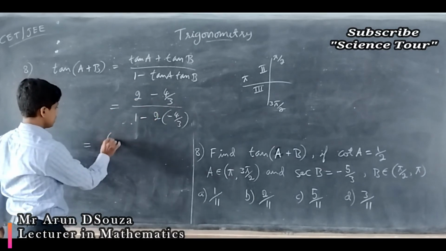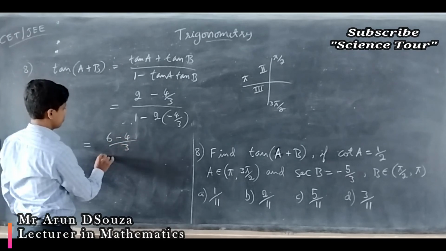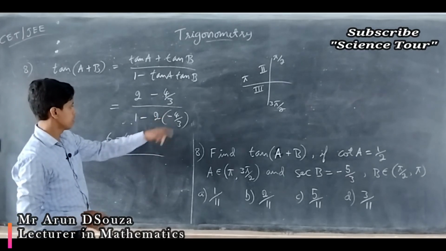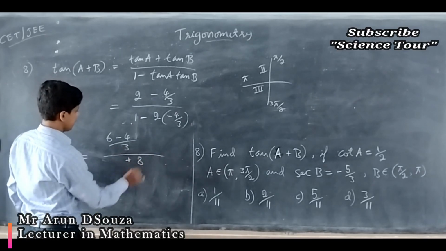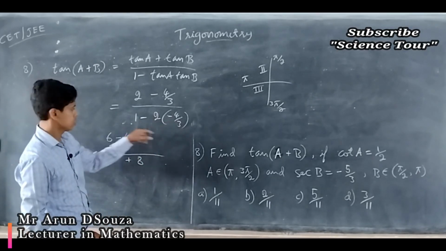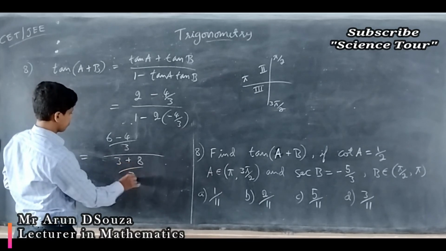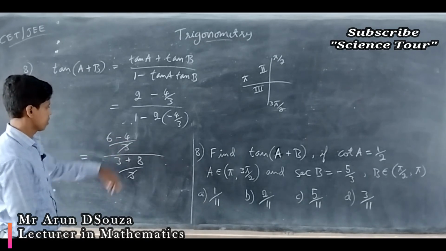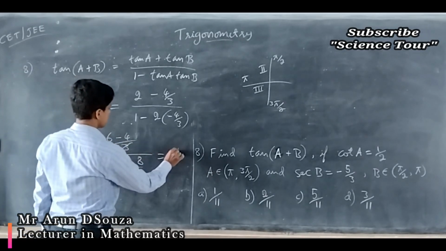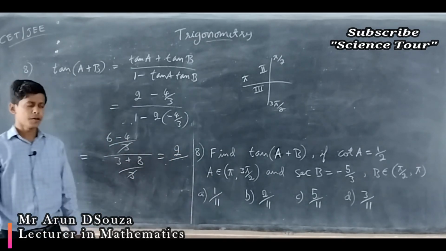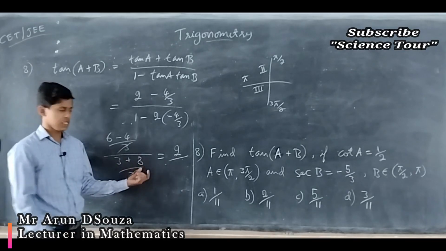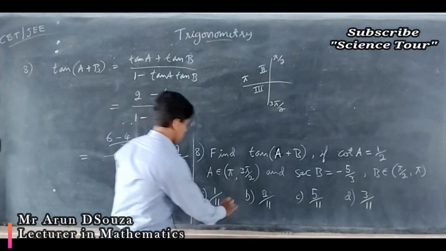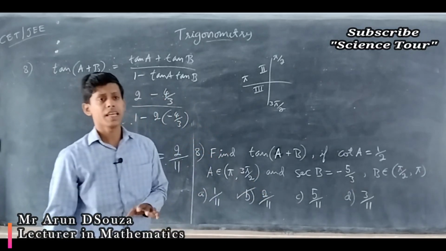So this is (6 minus 4) divided by 3, and the whole divided by 1 plus 8 by 3. So you have to take the LCM. Correct. So the denominators cancel. 6 minus 4 is 2 on the numerator, and then 3 plus 8 is 11, and that tells us that option B is the answer for 8th question.